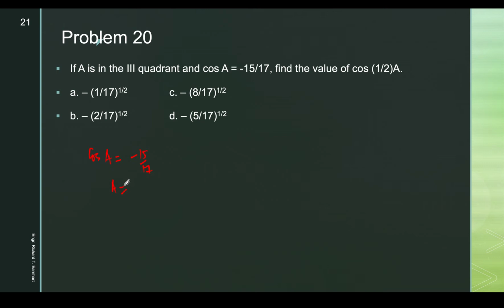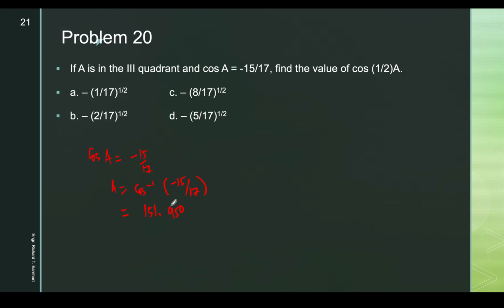So arc cosine of negative 15 over 17 will give you the angle. Okay, the angle here is 151.95 degrees.